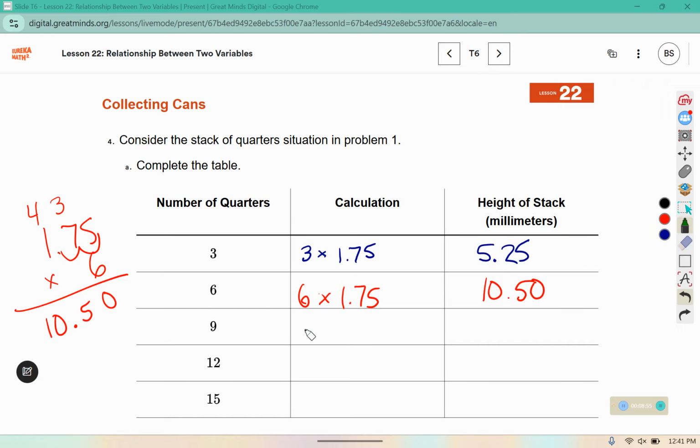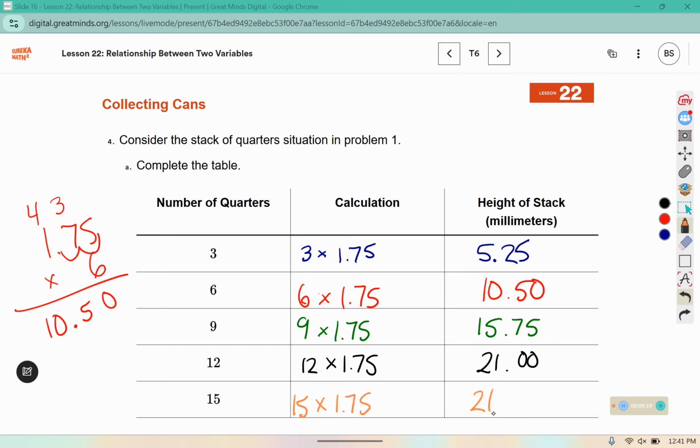We can keep this going. That would be 26.25.